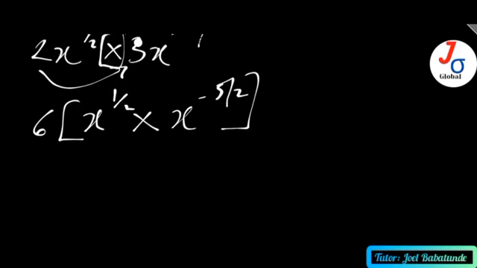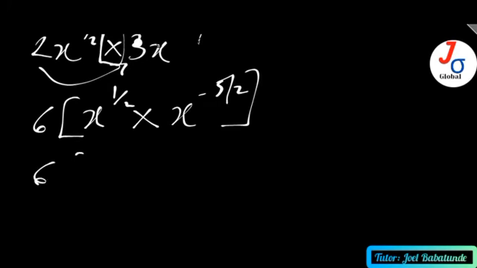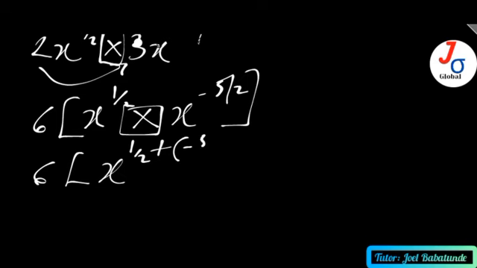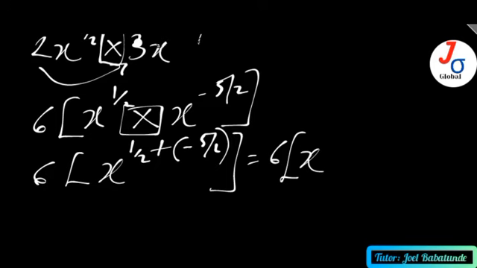Because this is multiplication, I'm going to add the indices together, since the bases are the same. So I have 6 into x to the power of half plus minus 5 over 2.